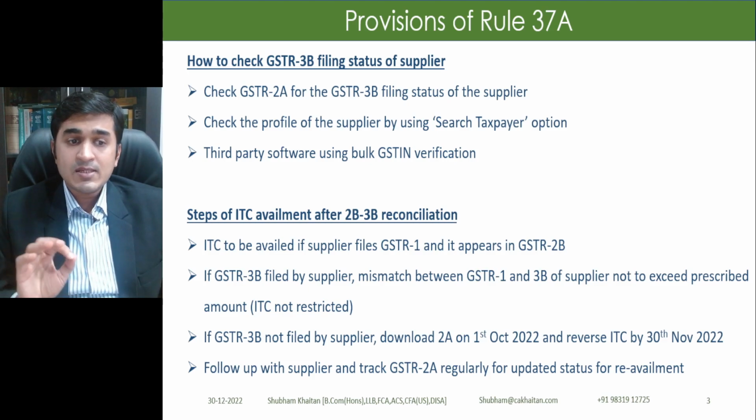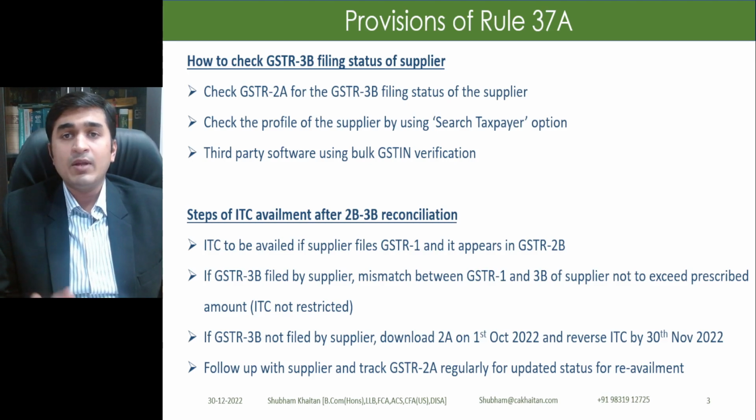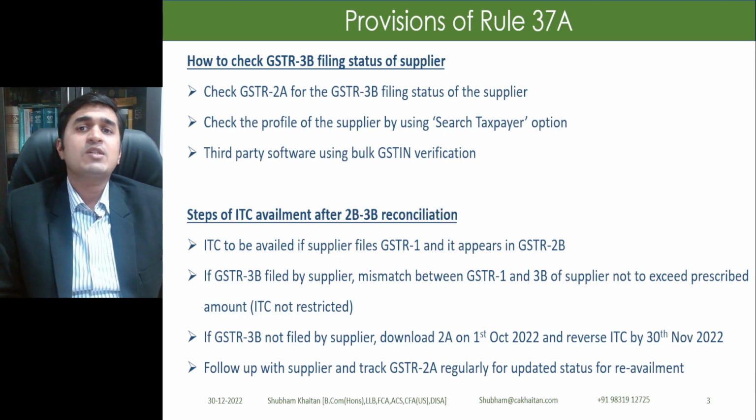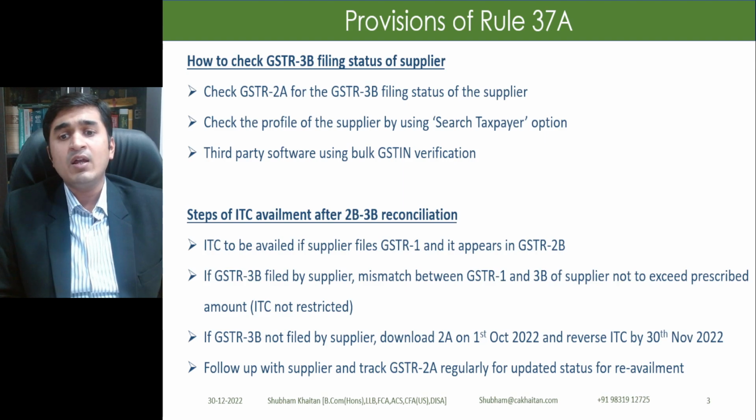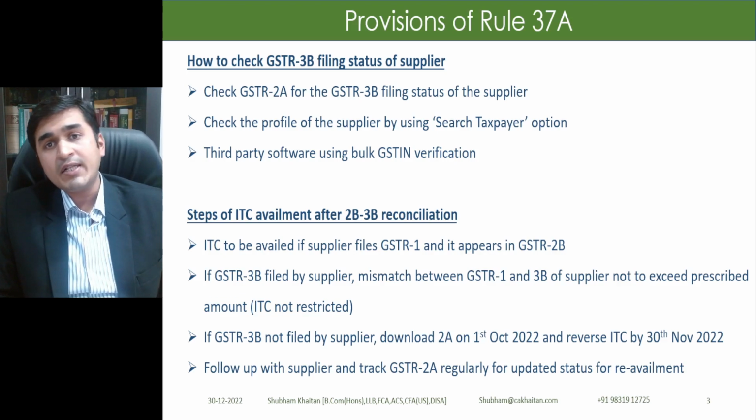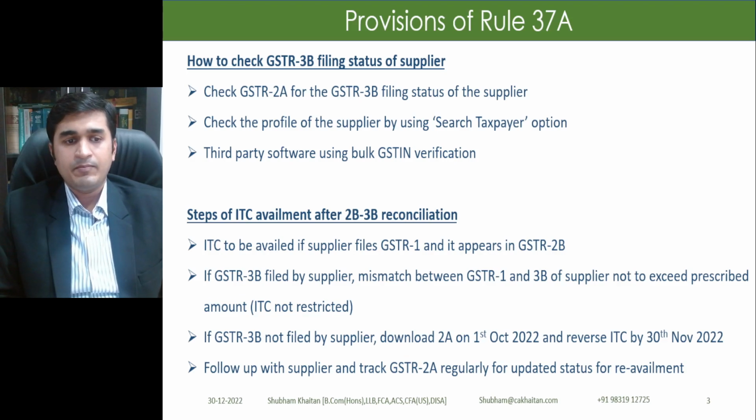But it has been stated that once this is prescribed, if the supplier's GSTR 1 and 3B has a significant mismatch, let's say the percentage prescribed is 10% and the supplier's GSTR 1 contains 112 rupees and let's say 3B contains 100 rupees, in that case, ITC would be considered to be restricted in the hands of the recipient, right?